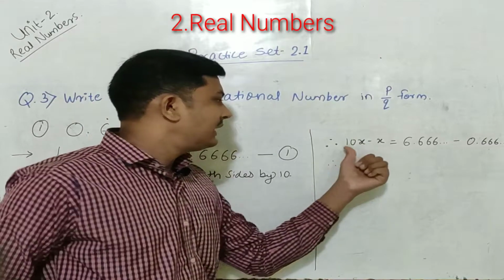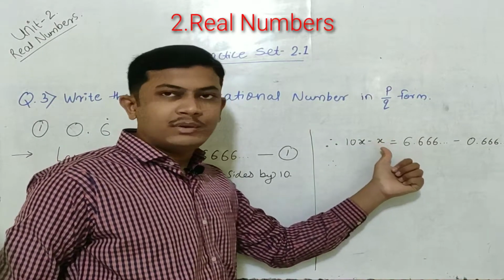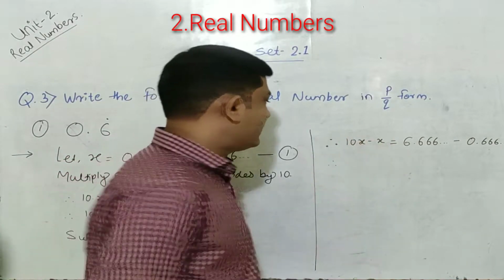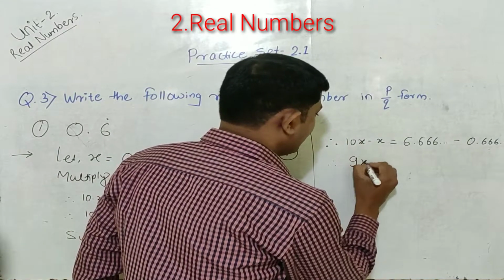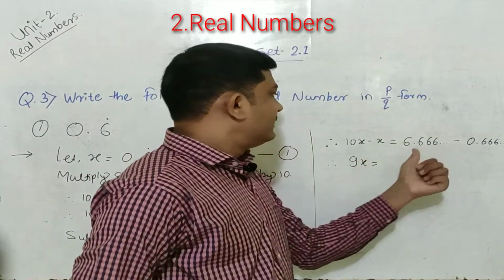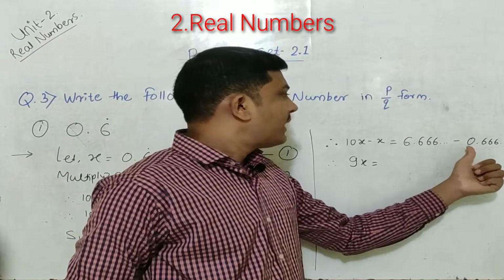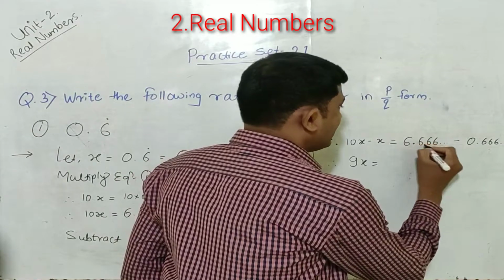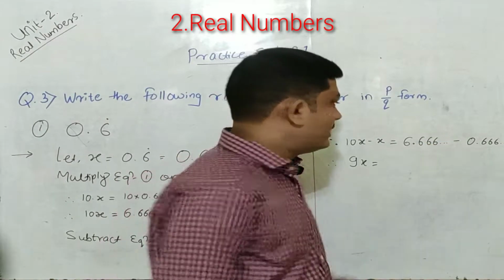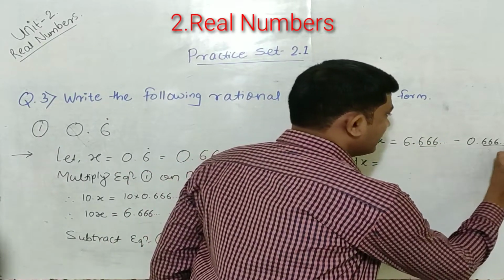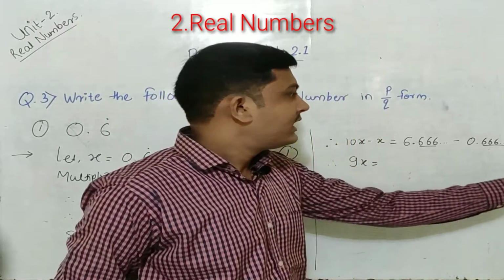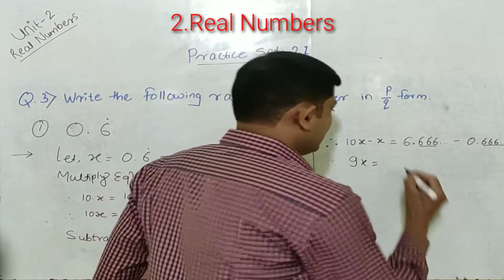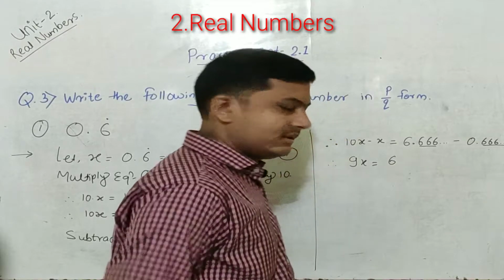Now the LHS becomes 10x minus x, that is, 10x minus 1x, we get 9x, which is equal to 6.666 dot dot dot minus 0.666 dot dot dot. Here after the decimal point there are the same number of digits, so the subtraction of these digits after the decimal point becomes 0. That is simply 6.